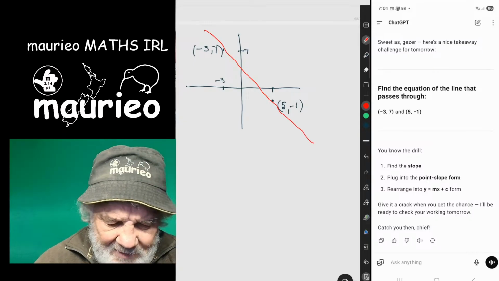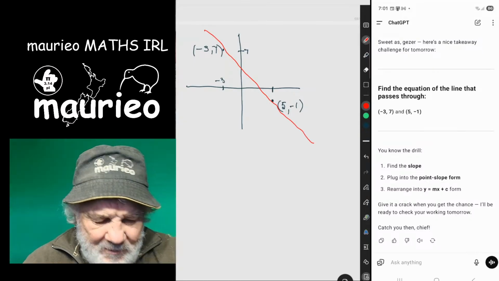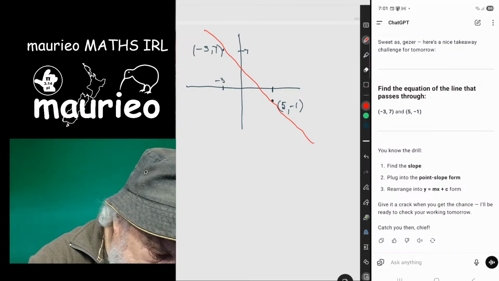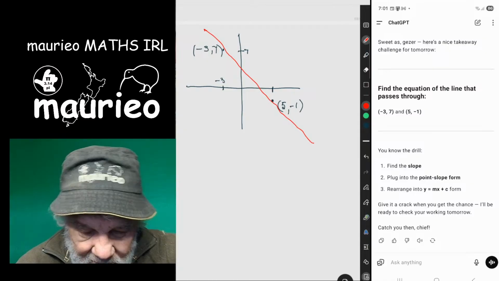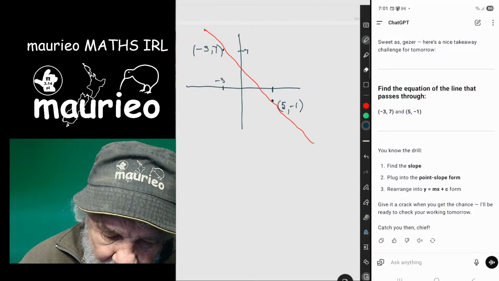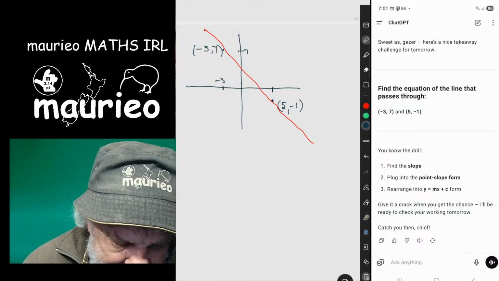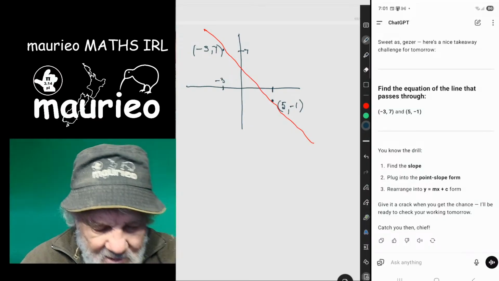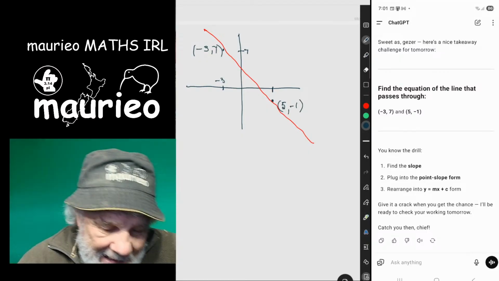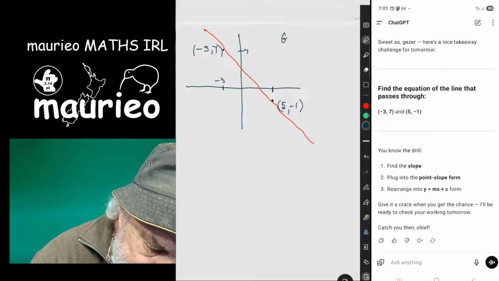This here is our graph, and just by looking at it, we can see that it's decreasing from left to right. So we know the gradient is negative.